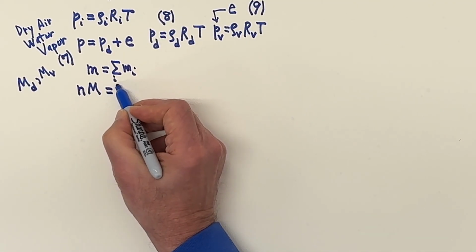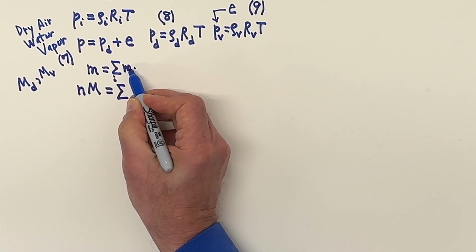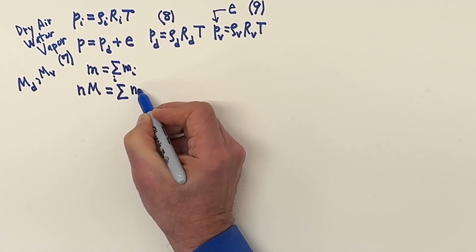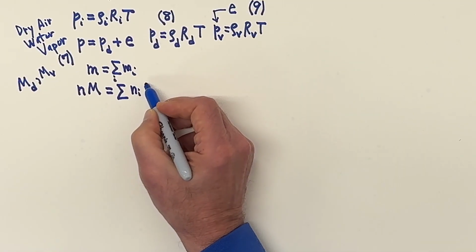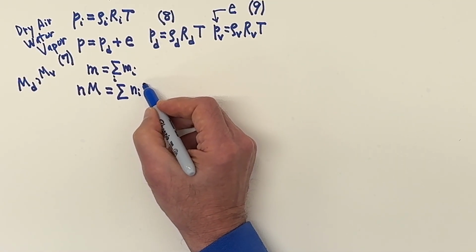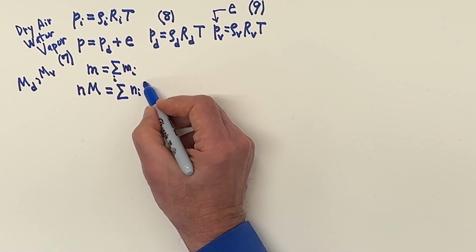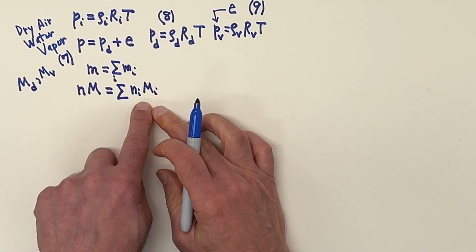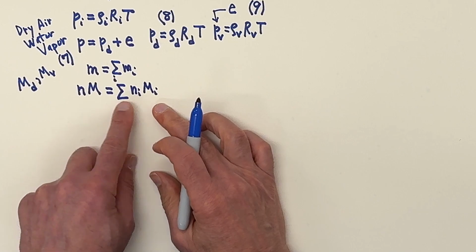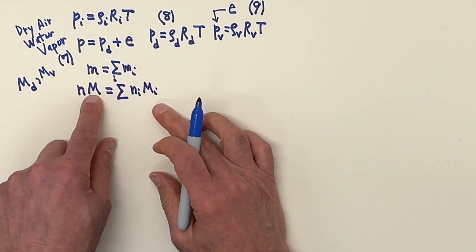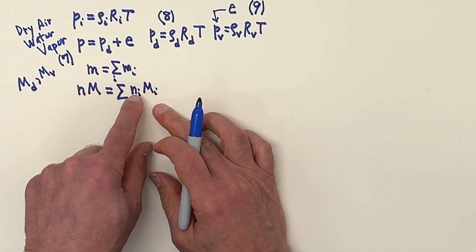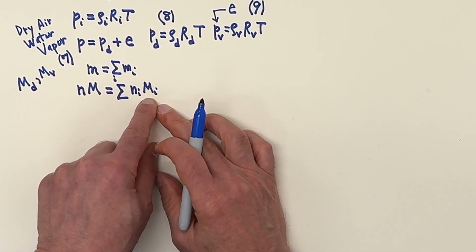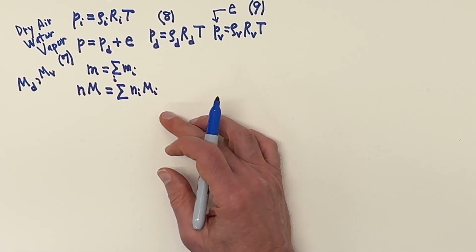Since the molar mass is the mass per mole, when you multiply by the number of moles, you get the mass. I apply the same principle here: this mass m sub i is the number of moles for that ith component of the gas times the molar mass of that constituent part of the gas. So we're basically using the n big M formula for the little m, and the same thing here with the i's for the m sub i.